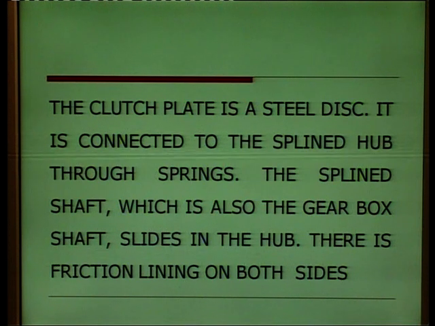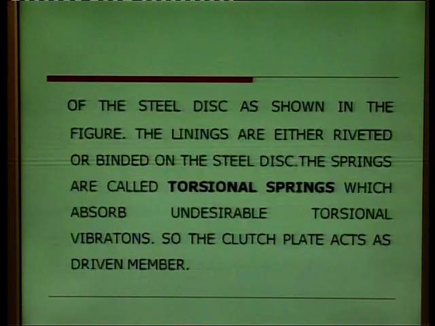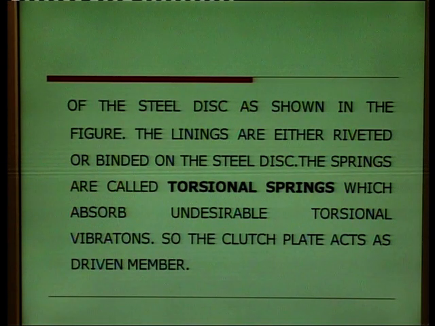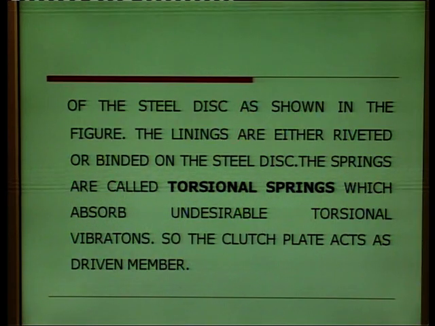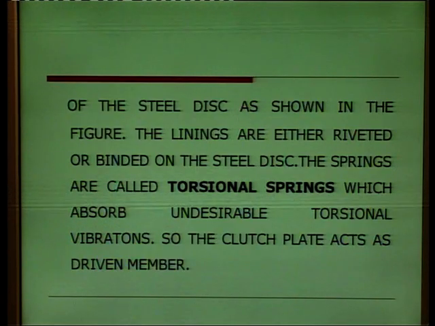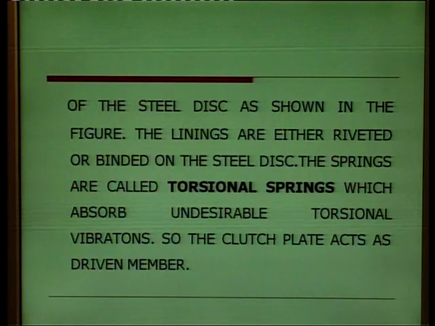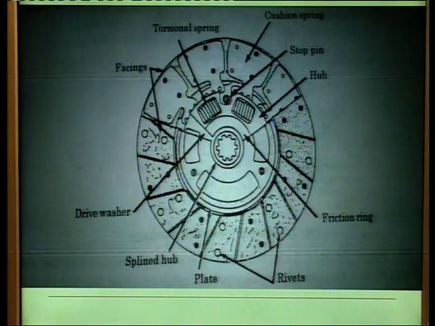There is friction lining on both sides of the steel disc as shown in the figure. The linings are either riveted or bonded on the steel disc. The springs are called torsion springs, which absorb undesirable torsional vibration. So the clutch plate acts as a driven member. This is the clutch plate.